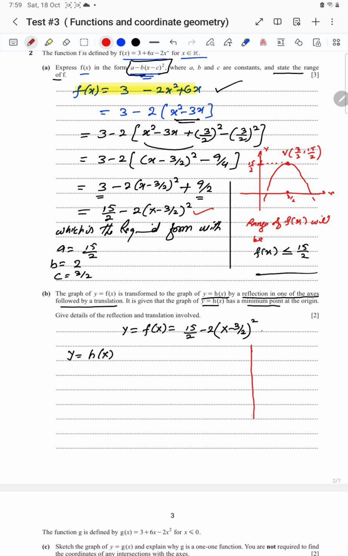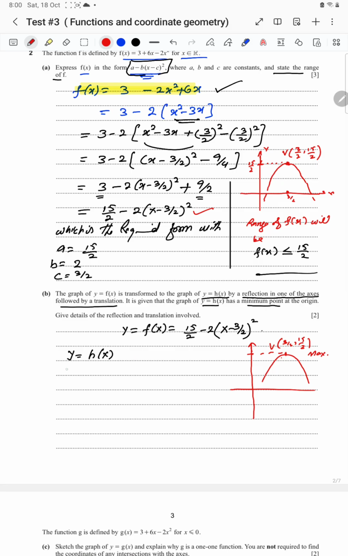Here the vertex point is 3 by 2 and 15 by 2, and this is the maximum point. I can say this is the maximum point at which we have 15 by 2, and we are looking for the minimum point. So the minimum point goes towards below the x-axis. Okay, so for the minimum point we will take the reflection in the x-axis.